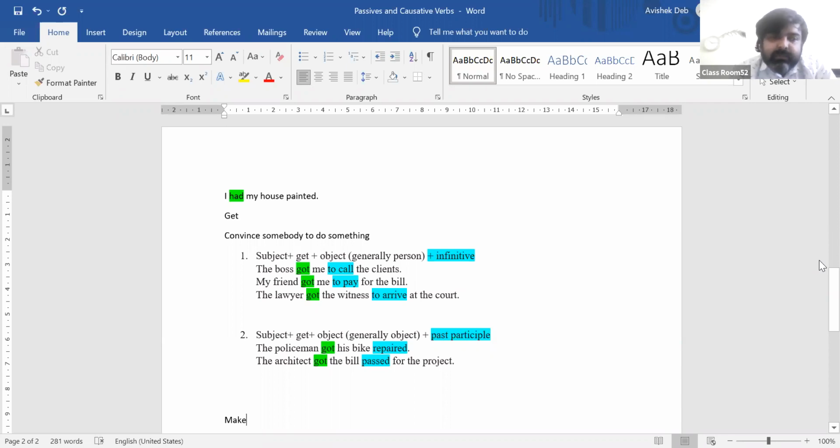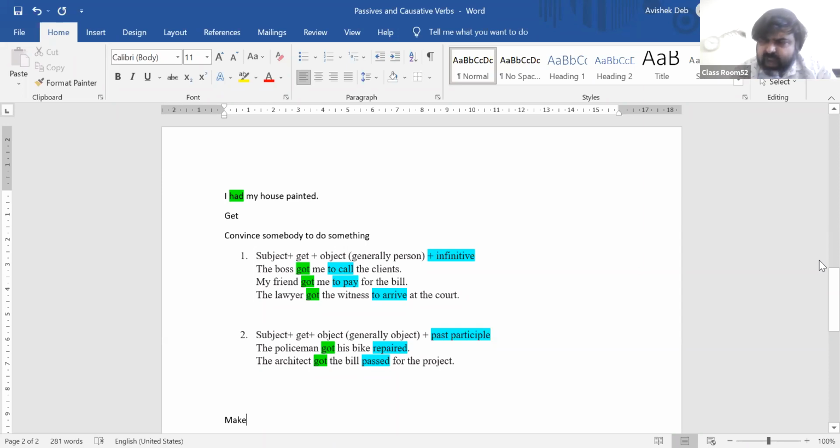Then comes the part where the object is a non-living being. As I had said, after the object you find the past participle. So when you are framing a sentence where the object is a non-living being, you are putting them one by one, subject, verb, object.